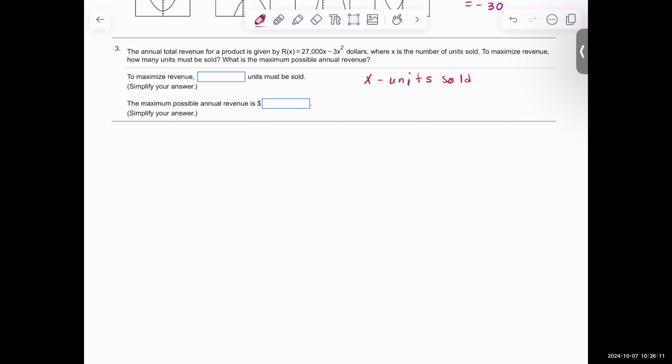To maximize revenue, how many units must be sold? So we need to find the vertex. This is a parabola. 27,000x minus 3x².